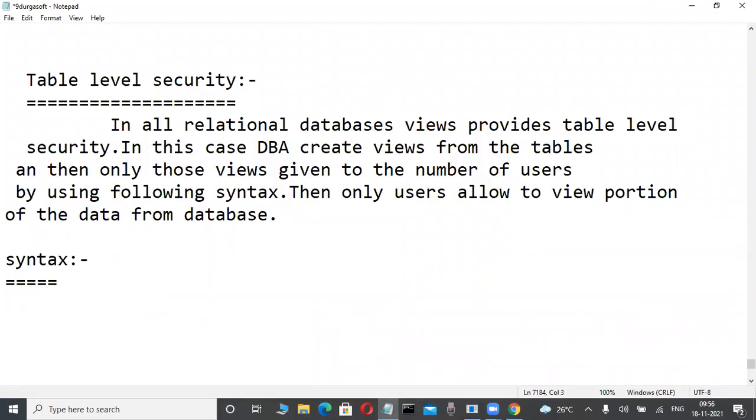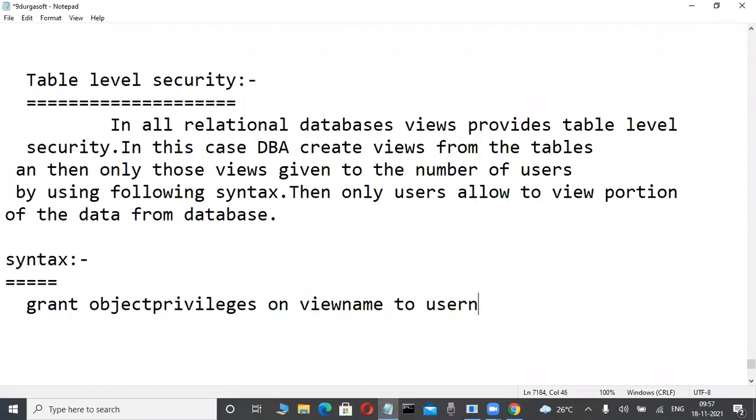So what is the syntax? GRANT. The administrator gives like this: all object privileges, that is, grant object privileges. That's why in this chapter we are learning about TCL also. GRANT object privileges ON view name, not table name, view name TO username 1, comma username 2, like this for a number of users also.